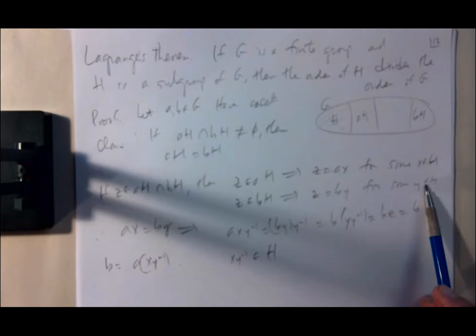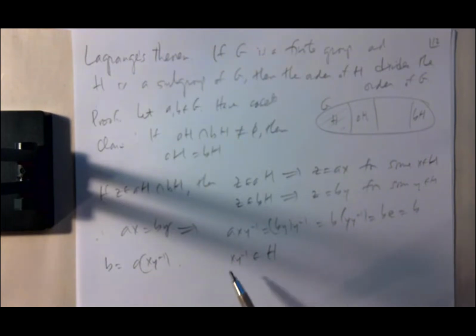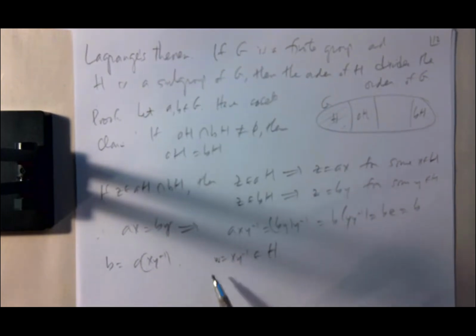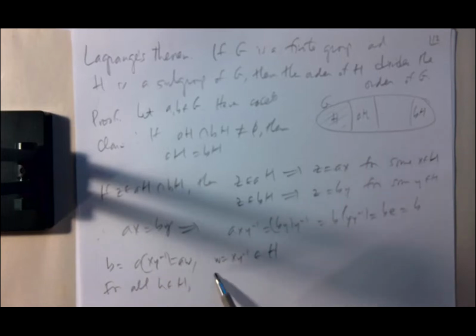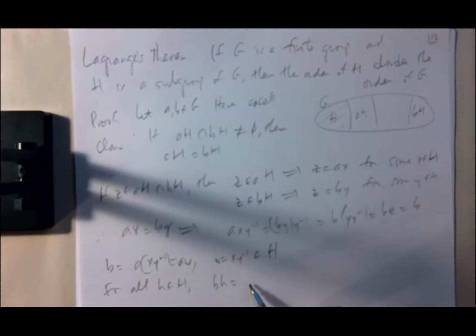It contains the inverse of each of its elements and is closed under multiplication. I'll call this W. So this is A times W for some W in H.